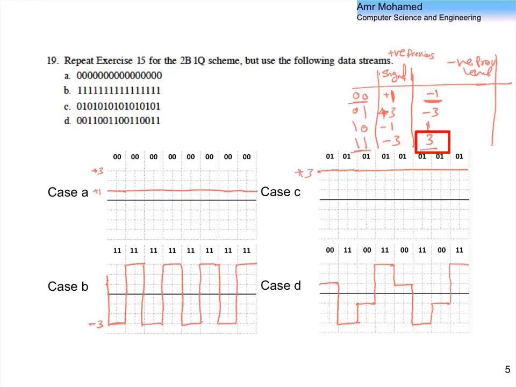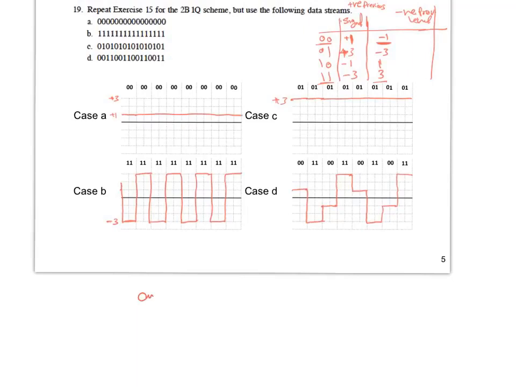Okay, so that's a little bit tricky. So again, we'll calculate the average number of changes. For case A, there are no changes, so it's 0, plus for case B, it's 1, 2, 3, 4, 5, 6, 7, 8.